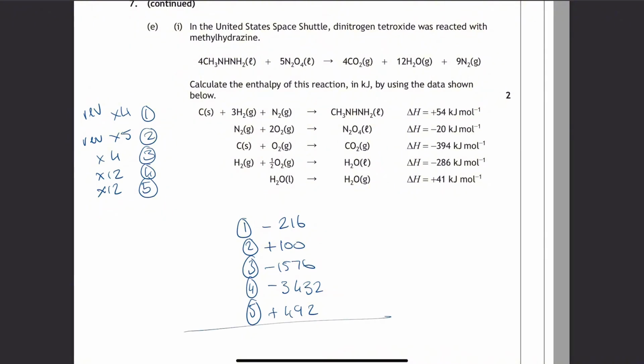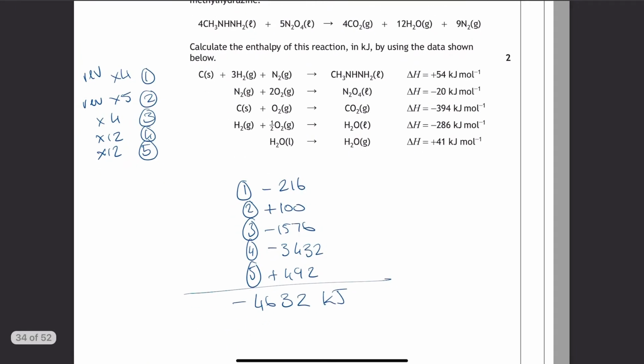So now we just need to add them all up. So minus 216 plus 100 minus 1576 minus 3432 plus 492. And that gives us minus 4632 kilojoules. So a very exothermic reaction.